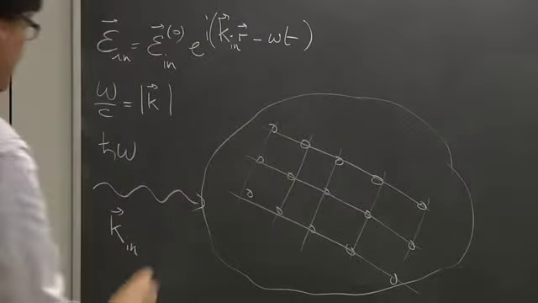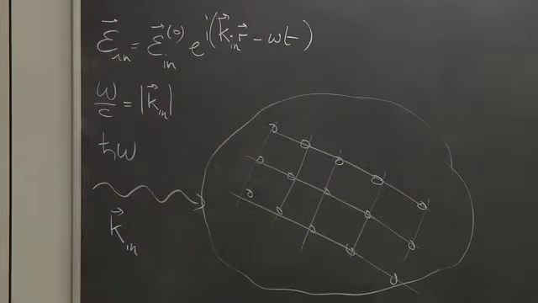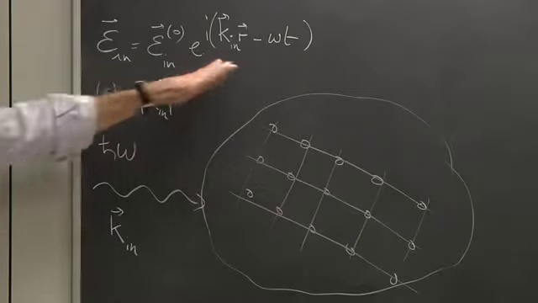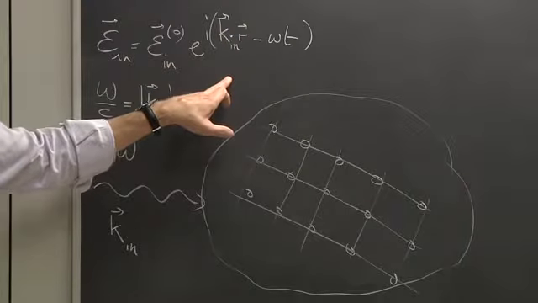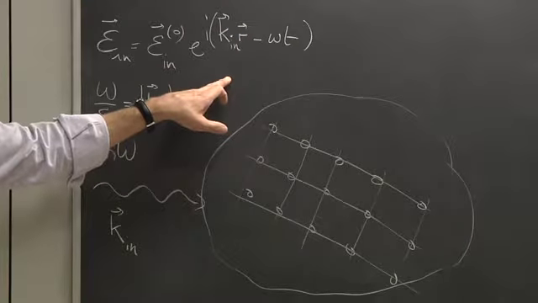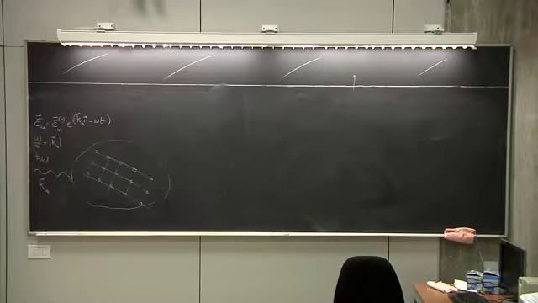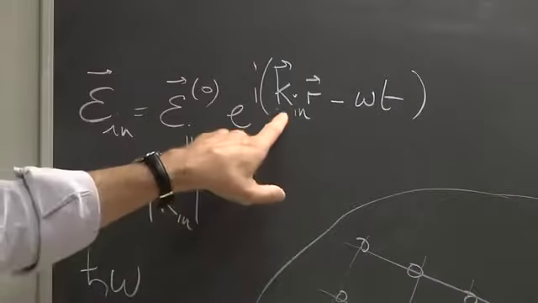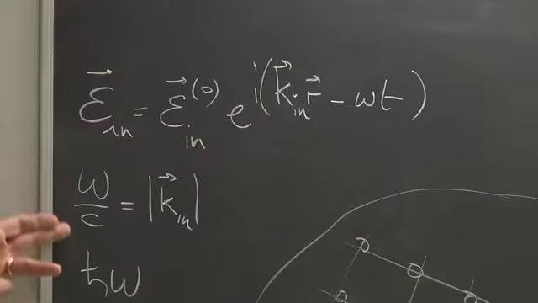We put "in" here to distinguish it from the outgoing wave. This is the electromagnetic wave. I hope you're familiar with this, right? You took a course in electromagnetism, so I'm sure you're familiar with the concept of electromagnetic waves. This is an electromagnetic wave propagating in the direction of k in, with momentum k in, and the frequency is related to the momentum in this way. It's a free electromagnetic wave.